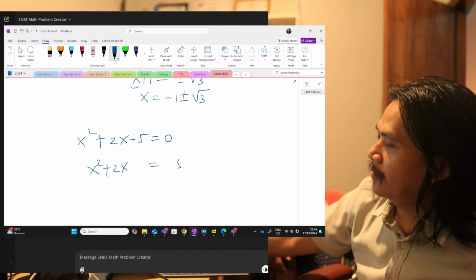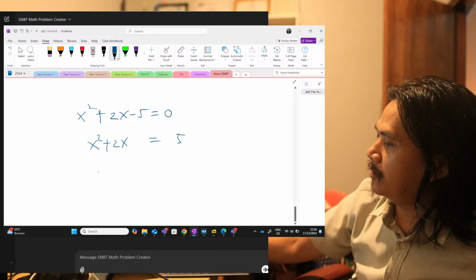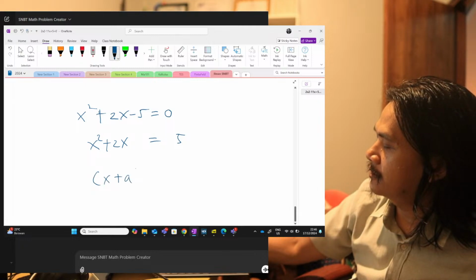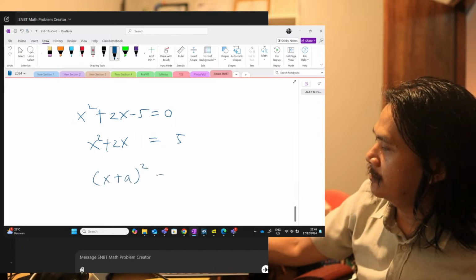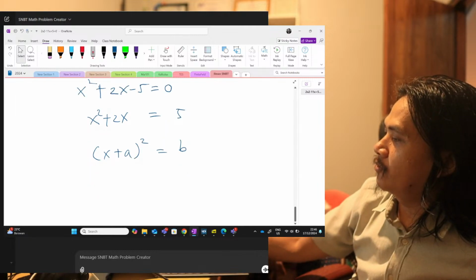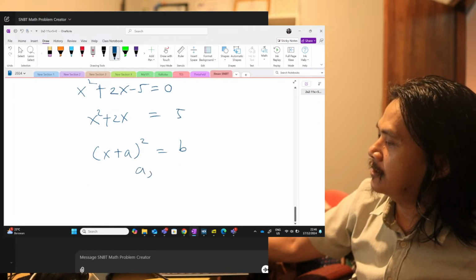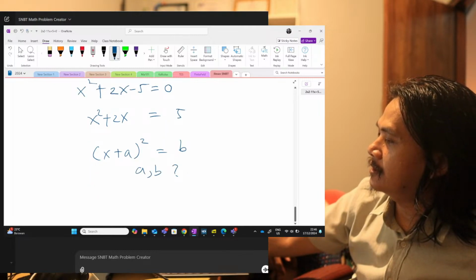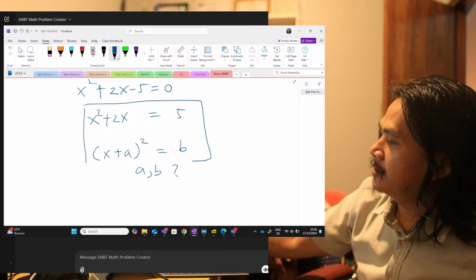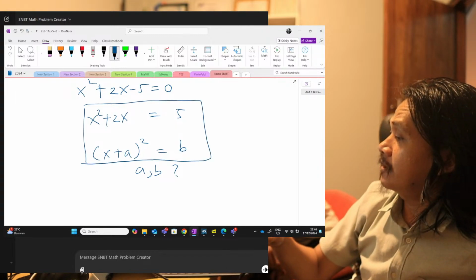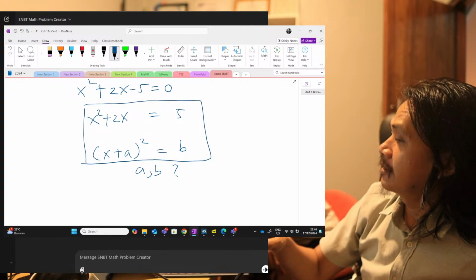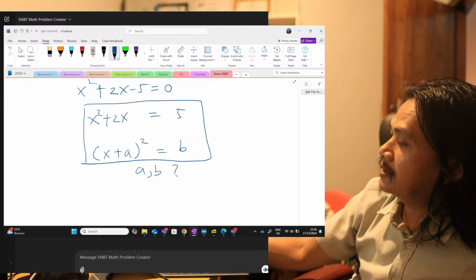And we want to make this guy into something like this. So the question is, what are a and b to make the two actually the same equation? If we expand this, what do we get?